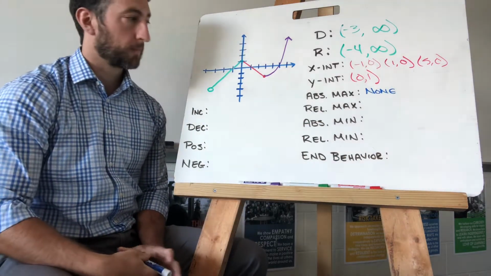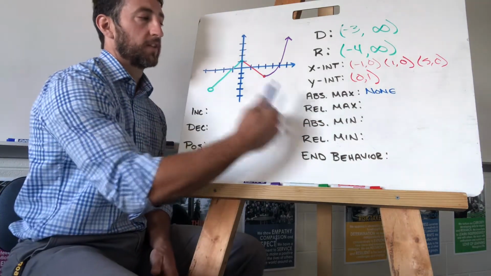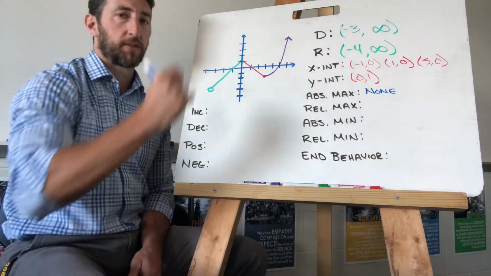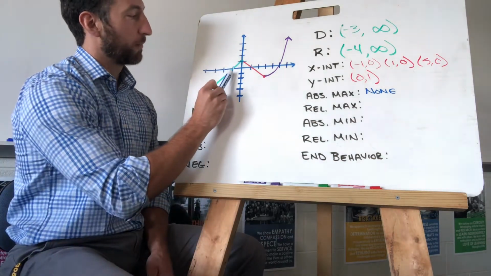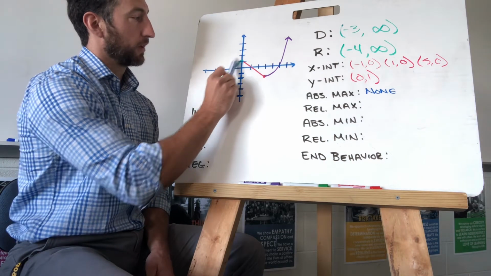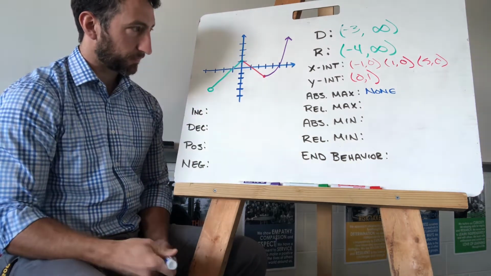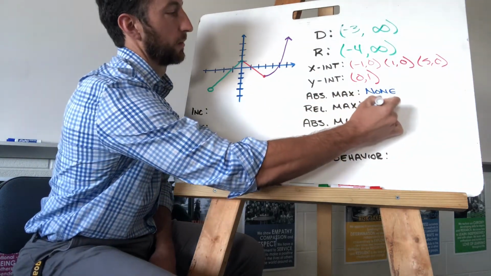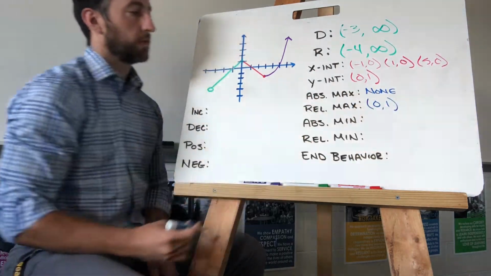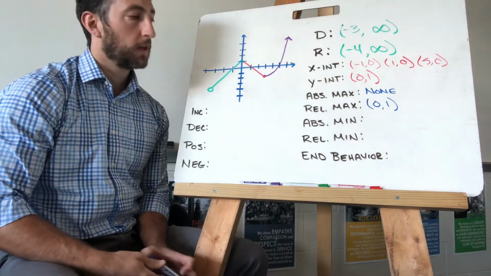But there is a relative or a local maximum, and remember, that's whenever it goes up and then comes back down. That point is right here, and it's the same as our y-intercept, so that's going to be 0, 1. So that's our relative maximum.